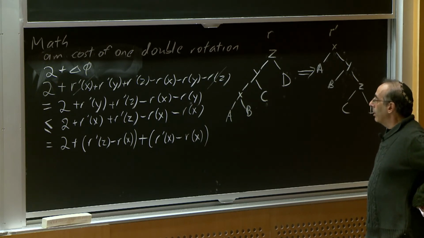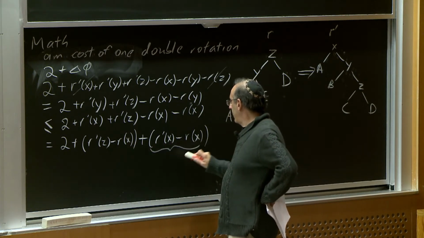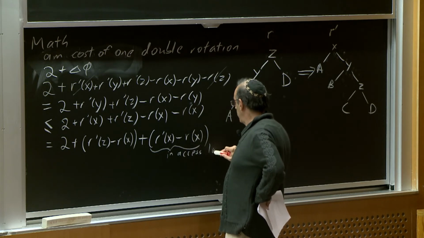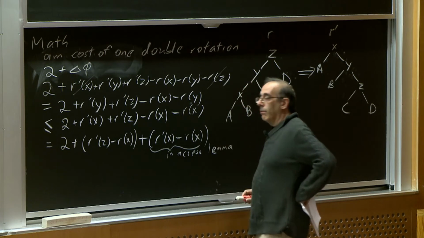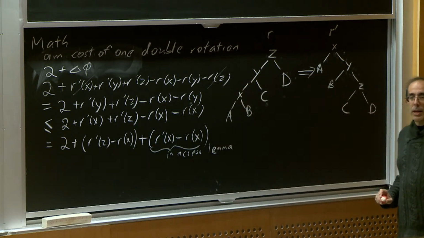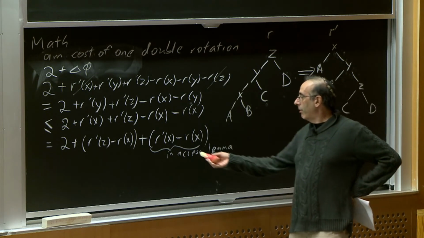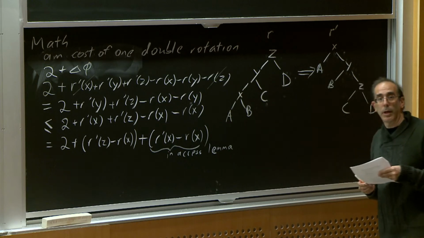So you'll notice that this last term is already in the access lemma. Right? The access lemma says 3 rank differences. Here is 1 rank difference. Okay.